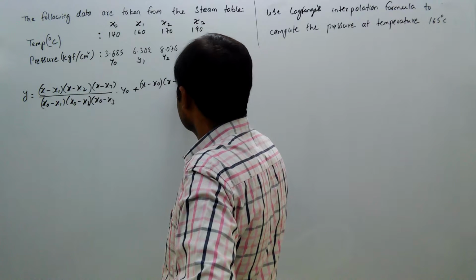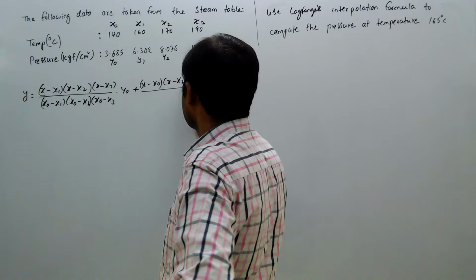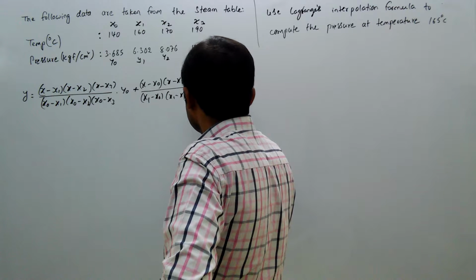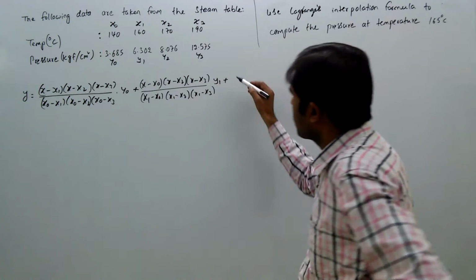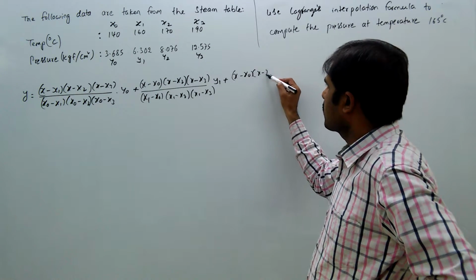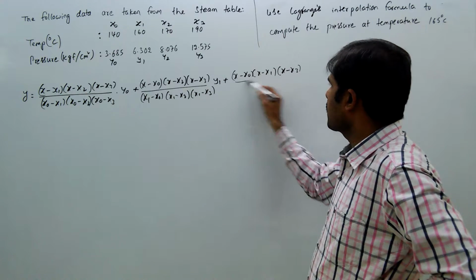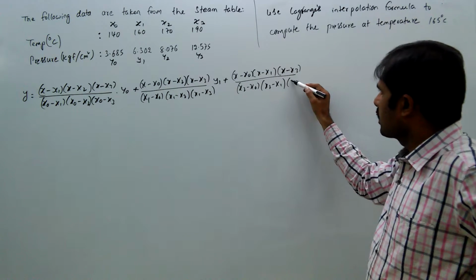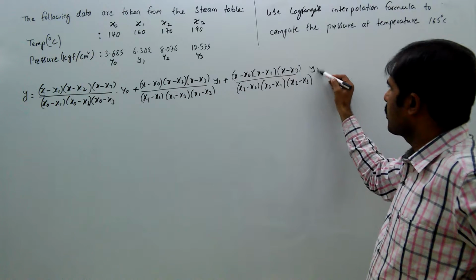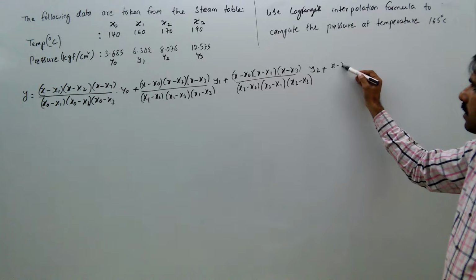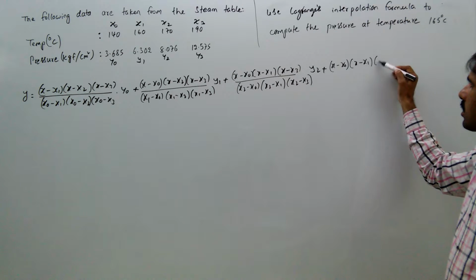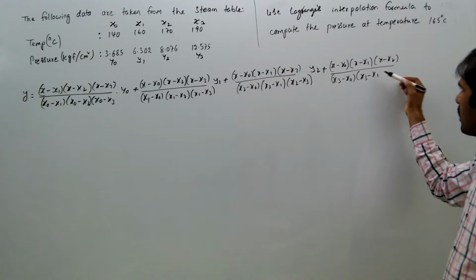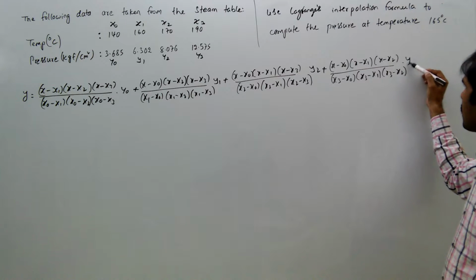x minus x0, x minus x2, x minus x3 divided by x1 minus x0, x1 minus x2, x1 minus x3, y1 plus x minus x0, x minus x1, x minus x3 divided by x2 minus x0, x2 minus x1, x2 minus x3, y2 plus x minus x0, x minus x1, x minus x2 by x3 minus x0, x3 minus x1, x3 minus x2 into y3.